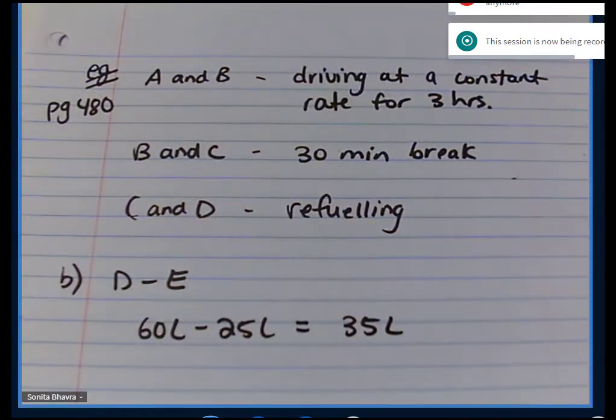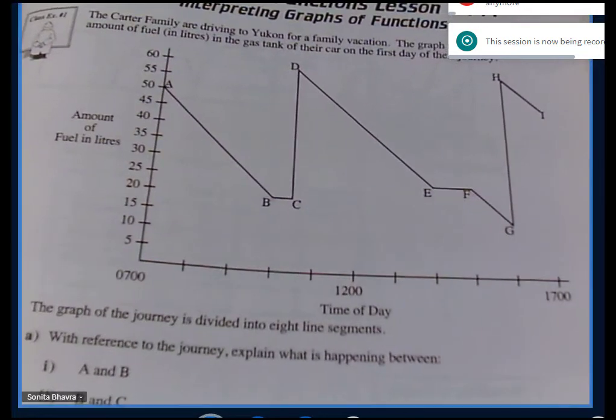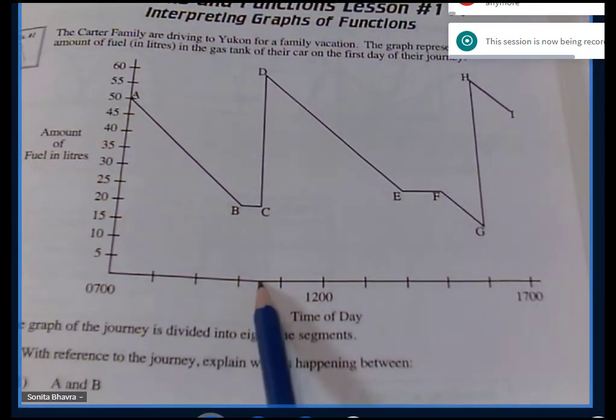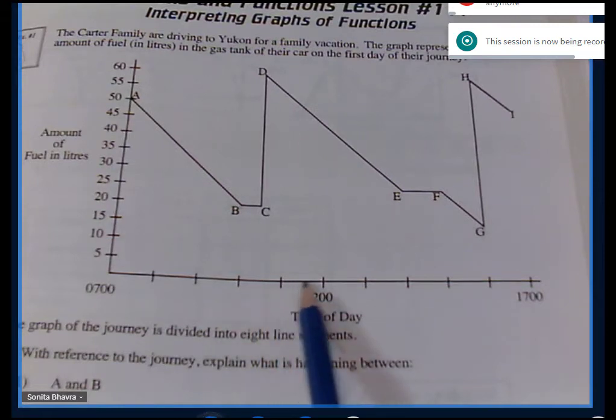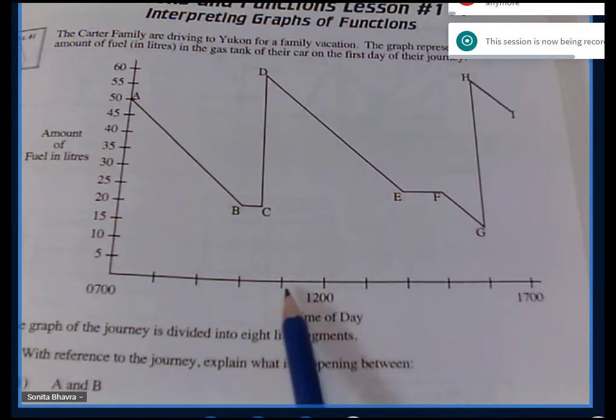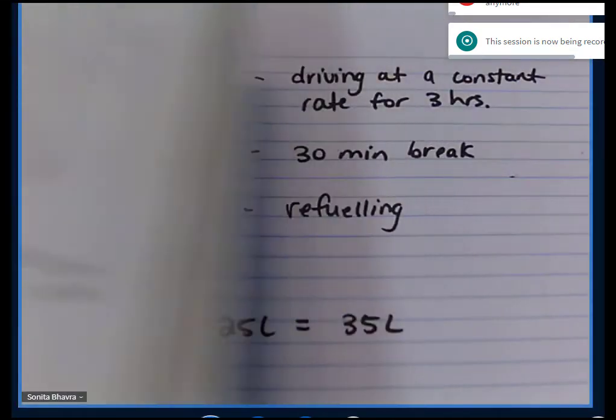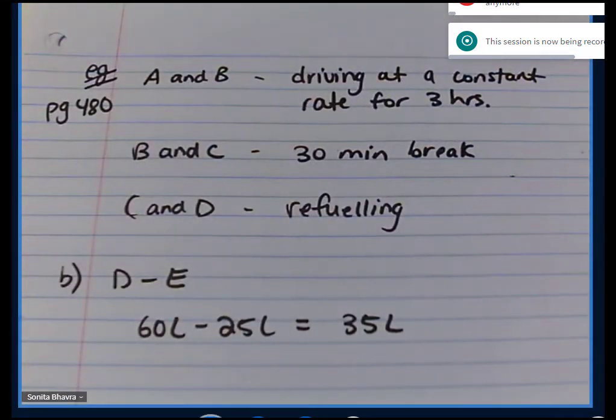All right, but the question is asking for the rate of fuel consumption in liters per hour. So in how many hours did we use 35 liters? If we go back to our graph, here, from D, starting from here, so that's half an hour, and then 1 to 3 hours. So 3.5 hours from D to E. That is the time.